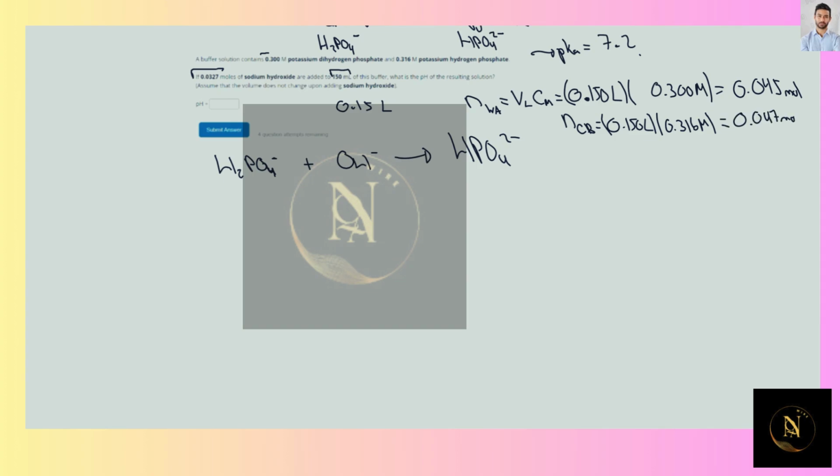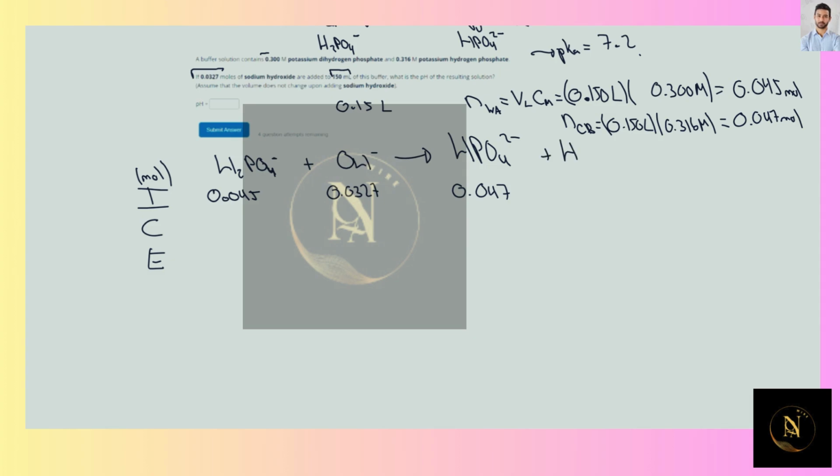0.047 mole. So over here, what we can do is write down our ice table directly in terms of amount of mole of the solution present. So initially we're going to have of H2PO4 minus 0.045. We're going to add of OH minus 0.0327, and we're going to get of HPO4 2 minus 0.047.